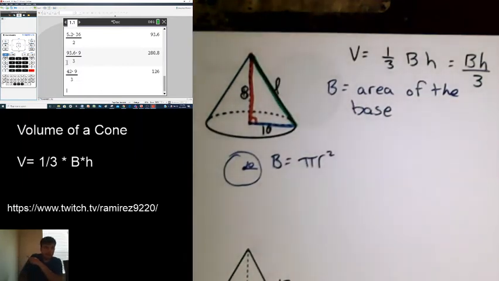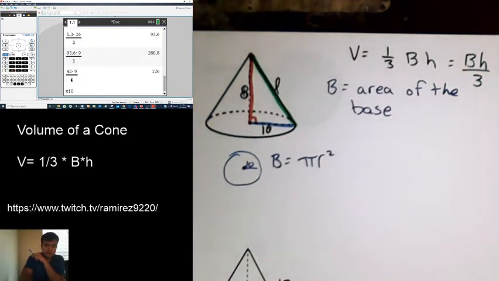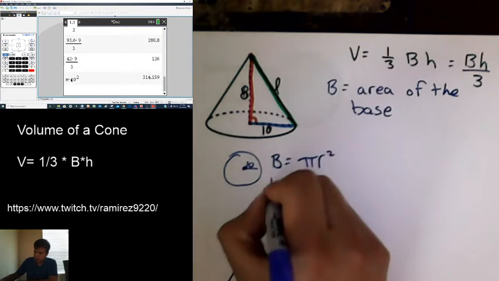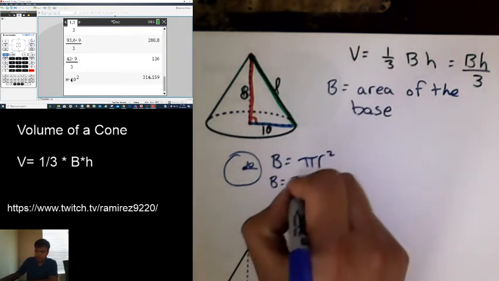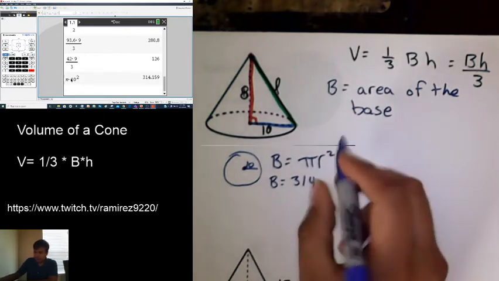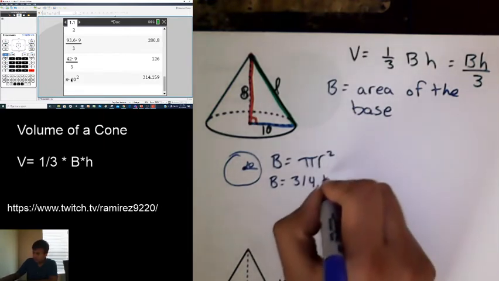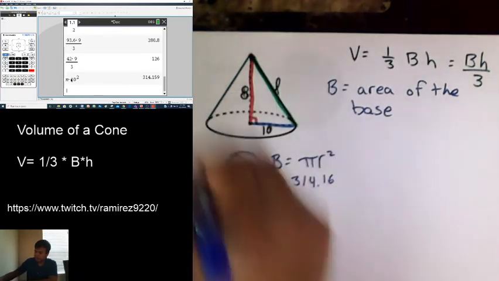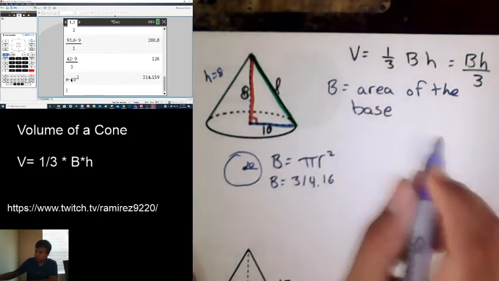So we put pi times 10 squared. Be careful: sometimes you'll be given the diameter instead, and just remember you have to divide that by 2. That gives 314.16, so that's my big B, the area of the base. My height was already given. My height was 8. And so now I just plug it in.